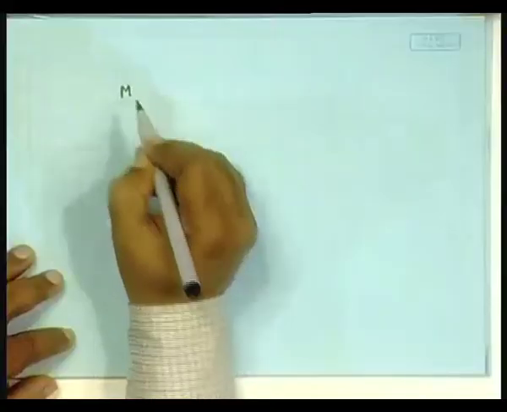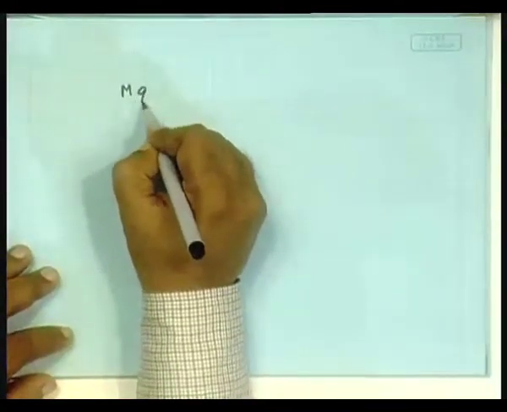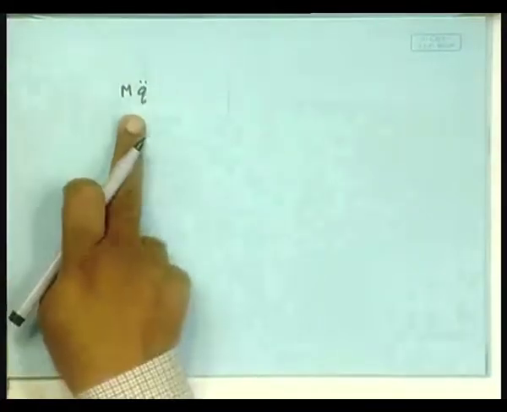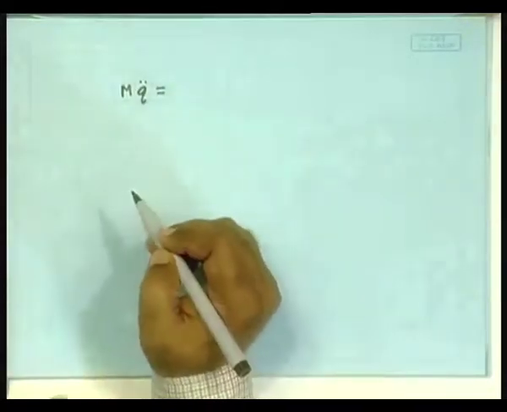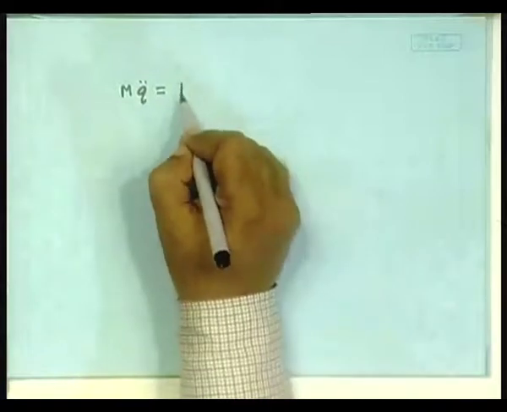We said that Newton's method can be written simply as force is equal to mass into acceleration. So, we will write the mass into acceleration on the left hand side, because that is the derivative part. So, m q double dot, the mass into acceleration, is equal to whatever the force is.